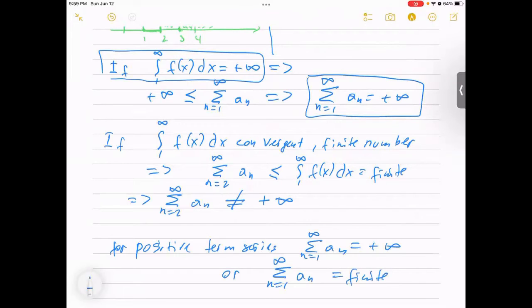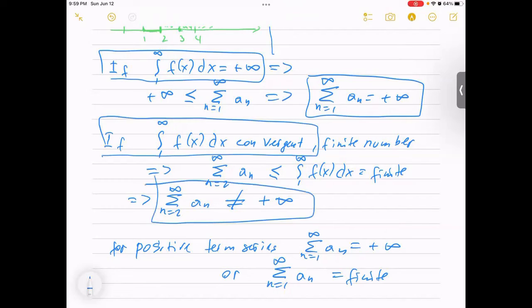There is no oscillation up and down for a positive term series. So let's have a look one more time at what we got. If the integral is convergent, then the corresponding series is not equal to infinity. Because it's a positive term series, we conclude that the series is convergent.